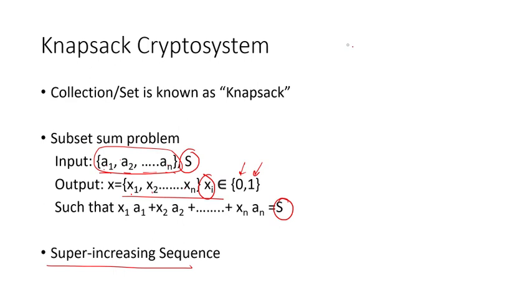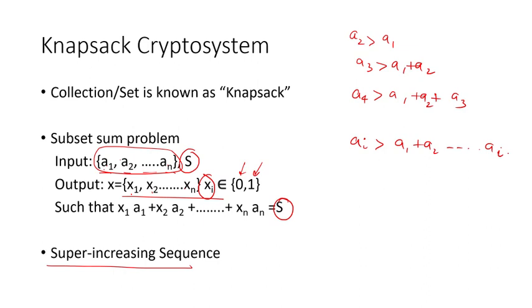Or you can say a2 should be greater than a1, a3 should be greater than a1 plus a2, a4 should be greater than a1 plus a2 plus a3, or you can say ai should be greater than a1 plus a2 till ai minus 1. Or you can generalize it with the help of n numbers. So an would be greater than a1 plus a2 till an minus 1. This is a super increasing sequence.